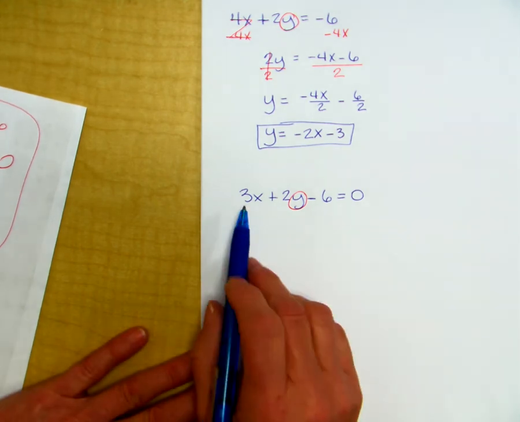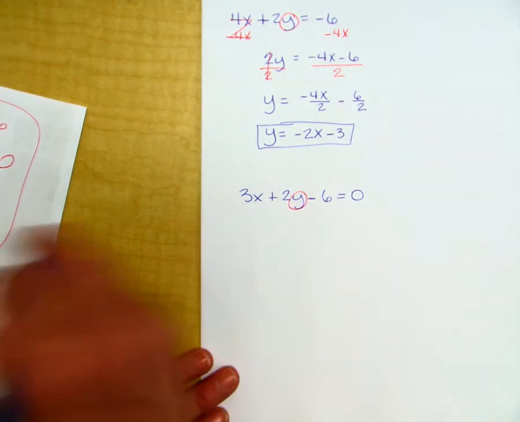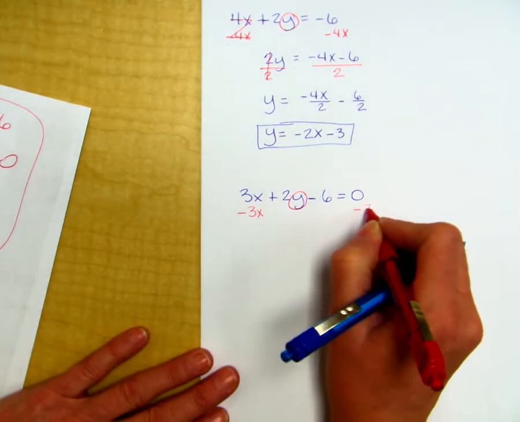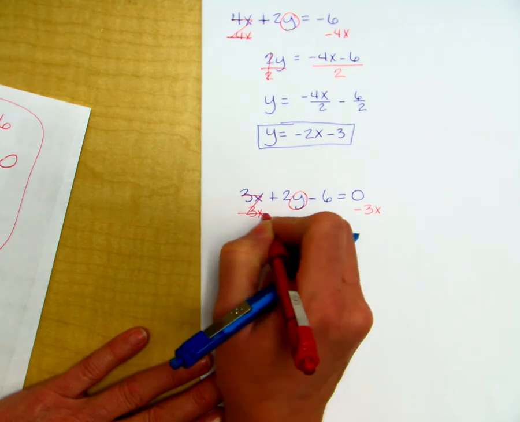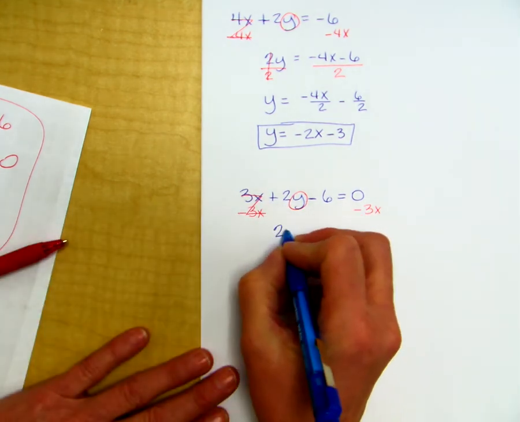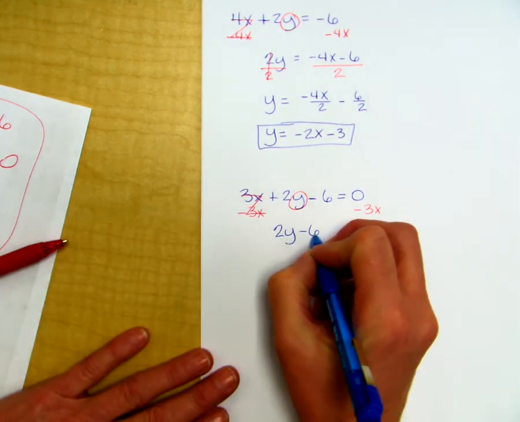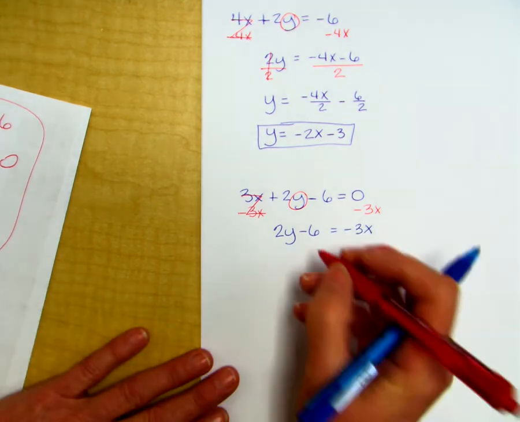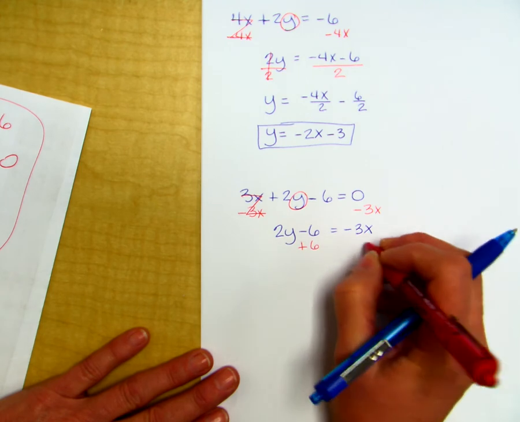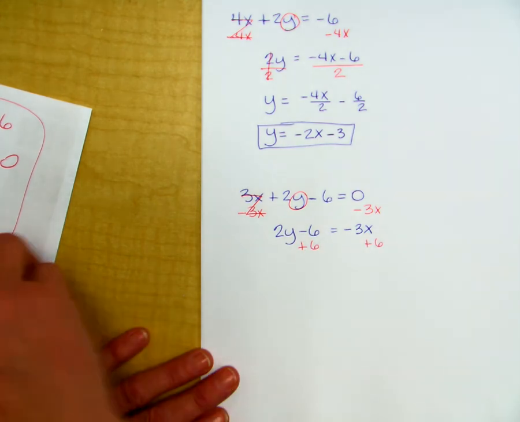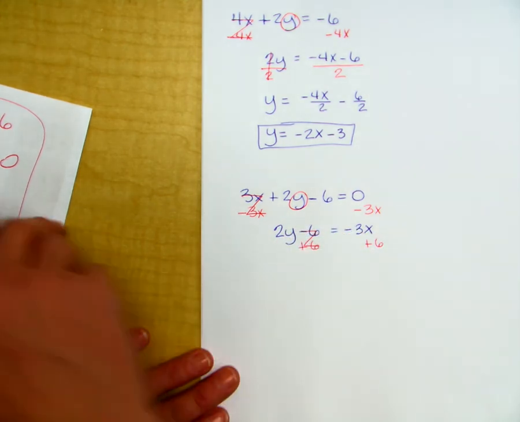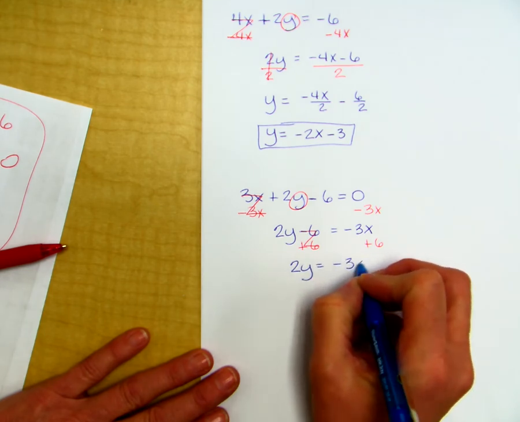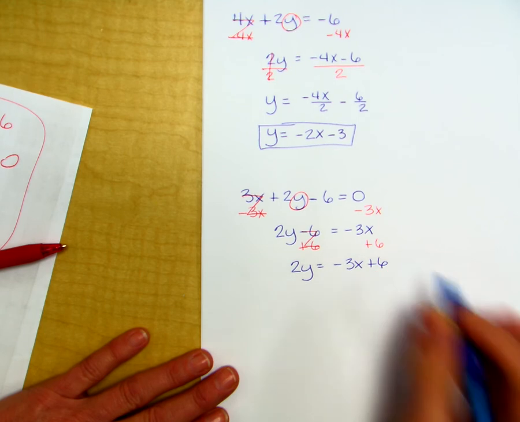So we can subtract 3x from both sides. This being a 0 pair, we are left with 2y minus 6 equals -3x. We can add 6 to both sides, this being a 0 pair again, leaving 2y equals -3x plus 6.